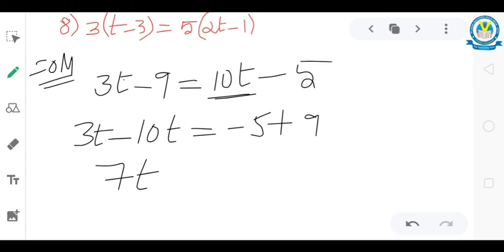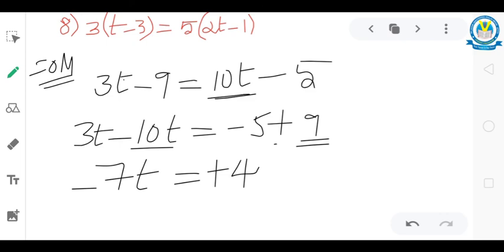But which symbol do we use? The bigger number's symbol. The bigger number has the minus symbol, so minus 7t. Then 9 minus 5, 4. Which symbol? This bigger number has a positive symbol, so we use positive.